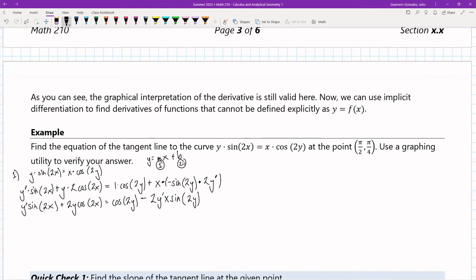Okay, this looks nasty. Very much so. Okay.